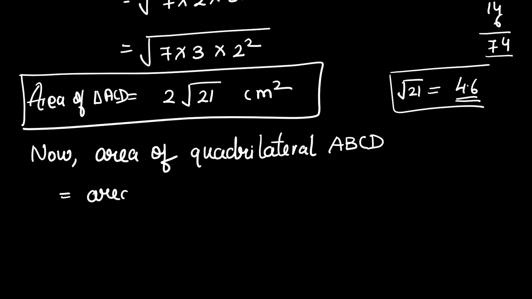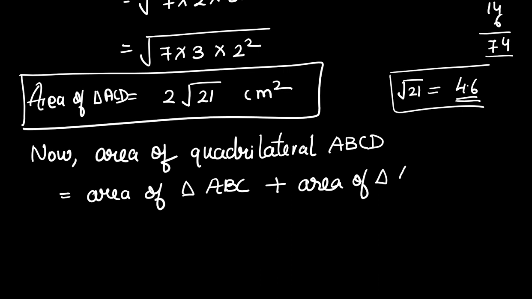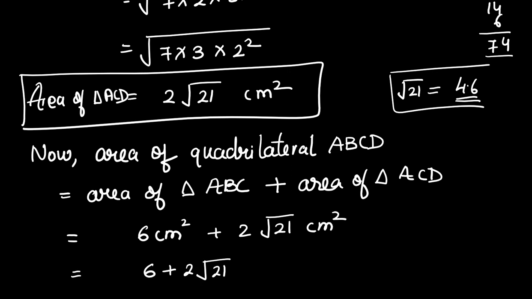Area of triangle ABC plus area of triangle ACD. So this is 6 centimeter square, and this is 2 root 21 centimeter square. So this is going to be centimeter square. So this is your final answer.